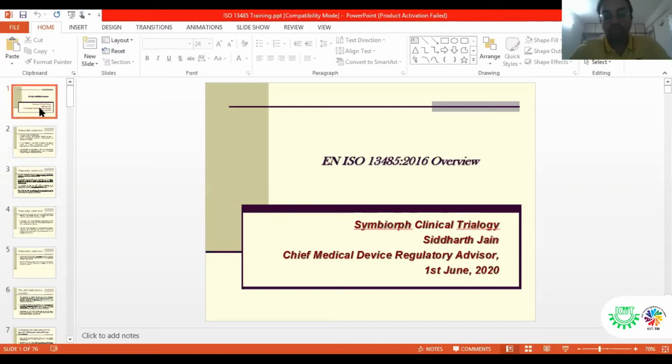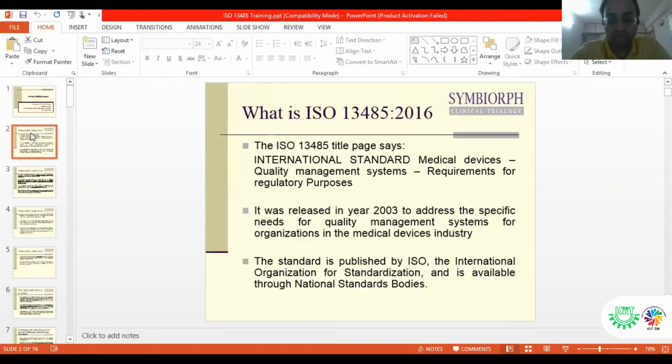I hope many of you are aware of ISO 13485, but I am again explaining what ISO 13485/2016 is. If you read the standard, the title page states that it's an international standard for medical devices, quality management systems, requirements for regulatory purposes.